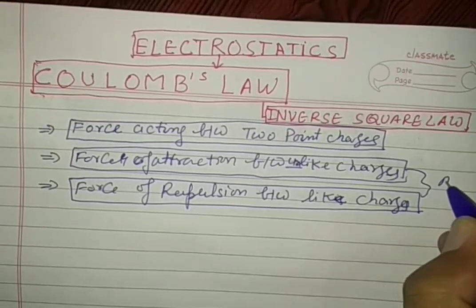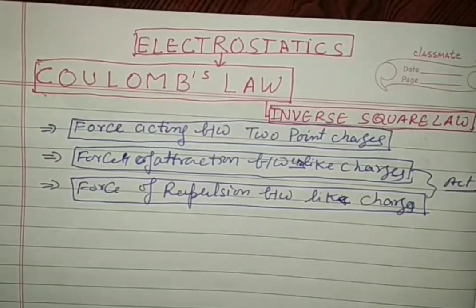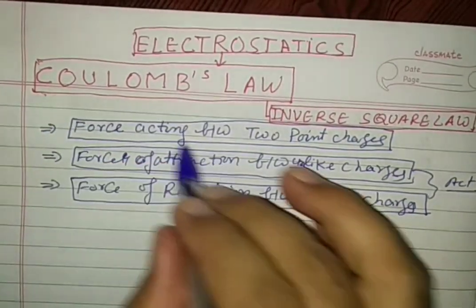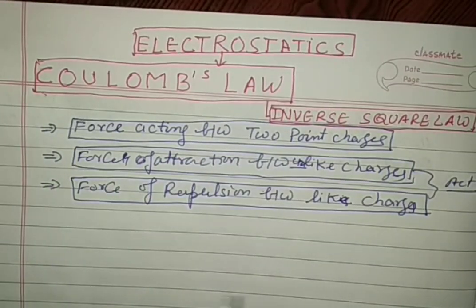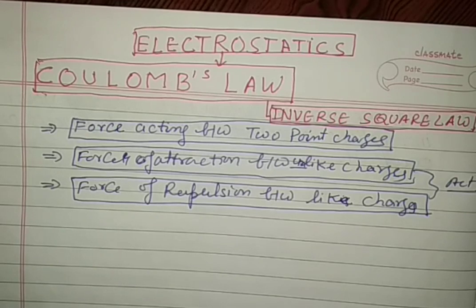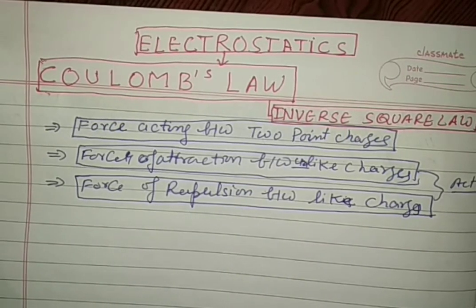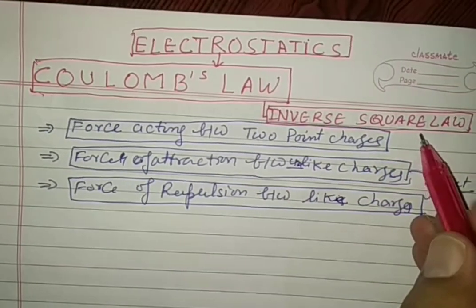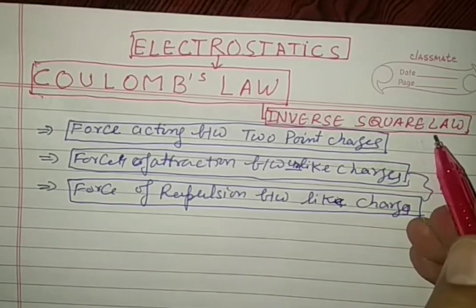These both act. These are the common phenomena we already know and have discussed in the previous lecture. Now we want to see Coulomb's law, that is also called the inverse square law.